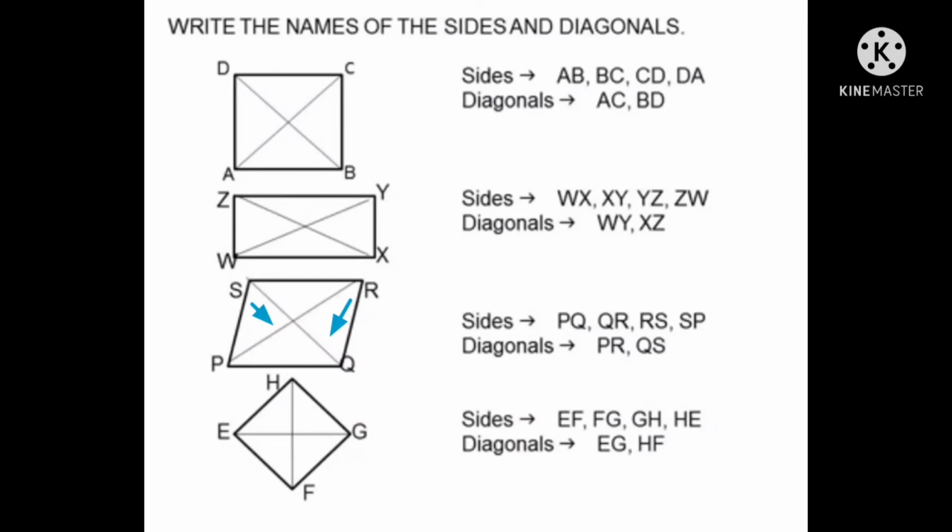So we have two diagonals. Next one is the rhombus. We have E, F, G, H. The sides are EF, FG, GH and finally HE. These are the sides. The diagonals are EG and HF.